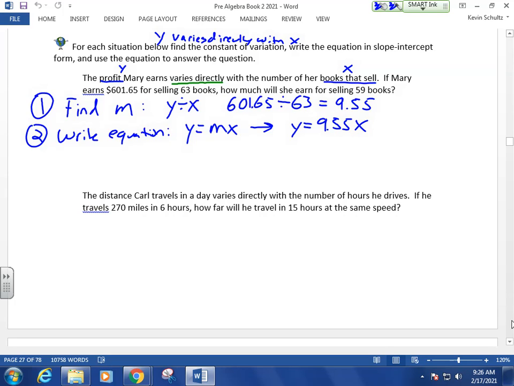And that's the equation that we're going to be using to answer the question, which is, how much will she earn for selling 59 books? So in this case, which is different from the last one, which variable is being given to us? If we want to answer how much will she earn for selling 59 books, which variable does that 59 books represent?